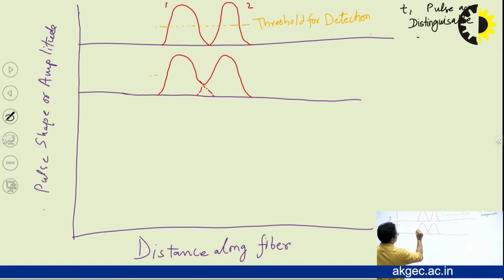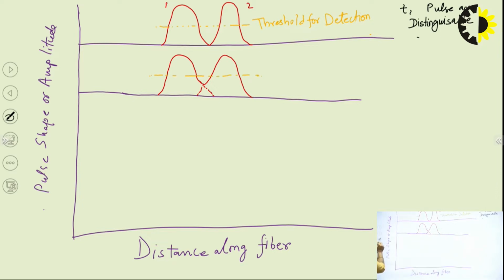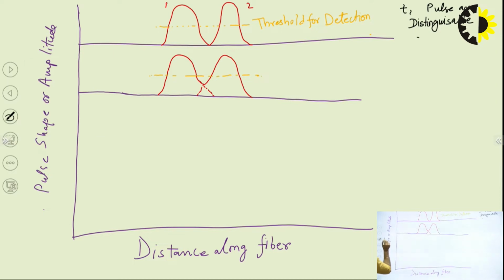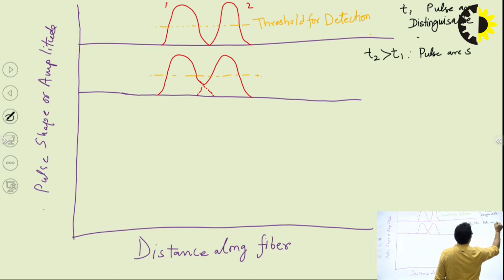Again, this is the threshold for detection. The strengths of the two pulses are clearly above the threshold and have a manageable strength, so that they can be easily detected by the receiver. That means at time t2, which is greater than t1, the pulses are still distinguishable.